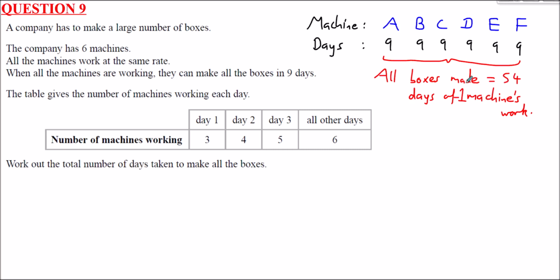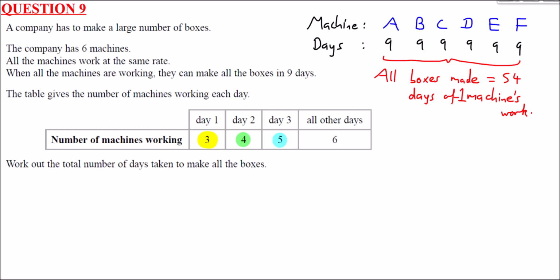So we need 54 days of one machine's work. And so here we've got 3 days. So 3 machines working for 1 day, that's 3 days of one machine's work. Then 4 days of one machine's work. Day 3, 5 machines are working, that's 5 days of one machine's work.